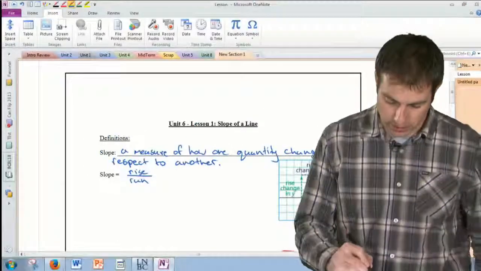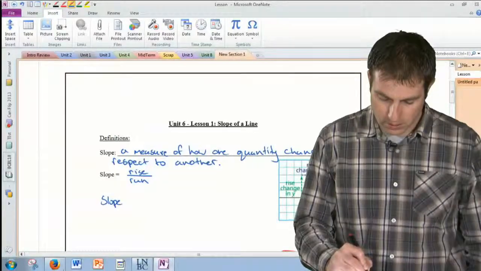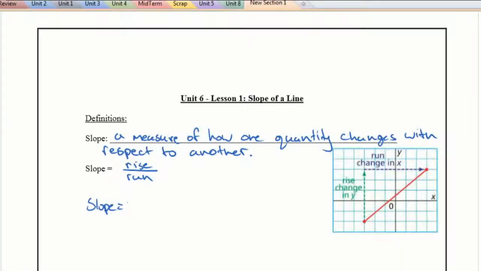Another way we can define slope is change in y. Remember we talked about the Greek letter delta, the triangle, being change. So let's go back here.